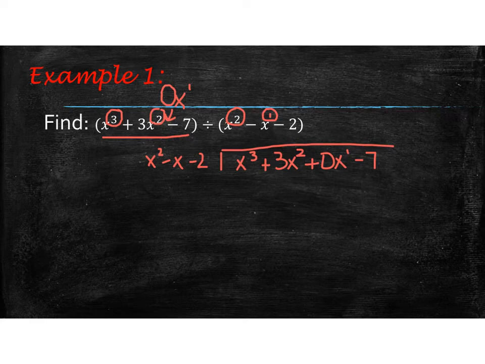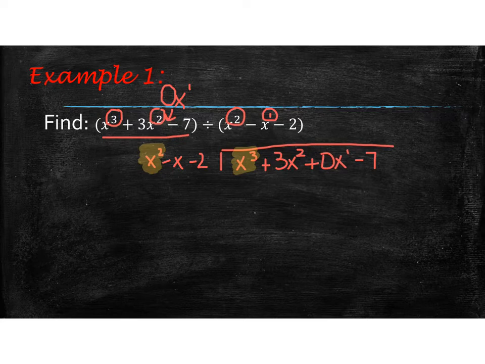Okay. Now, when we use long division, we are only going to look at the first terms of each polynomial. So we're going to look at the x squared here, and we're going to look at the x to the third here. We don't care about anything else at this time. So if I took x to the third and I divided by x squared, I would need an x.